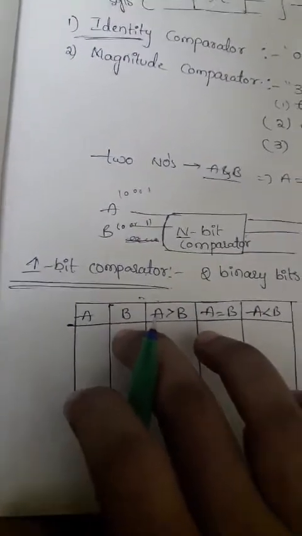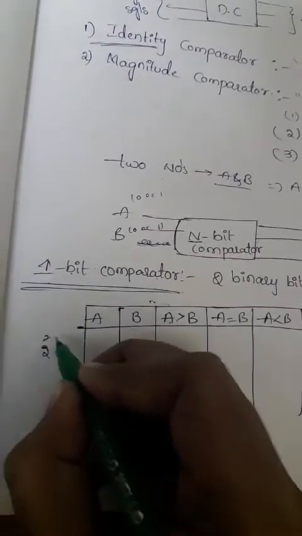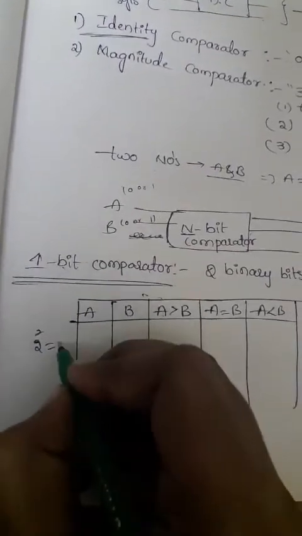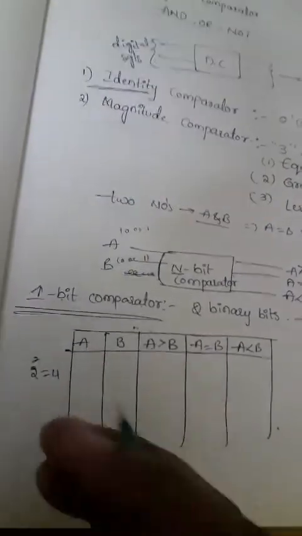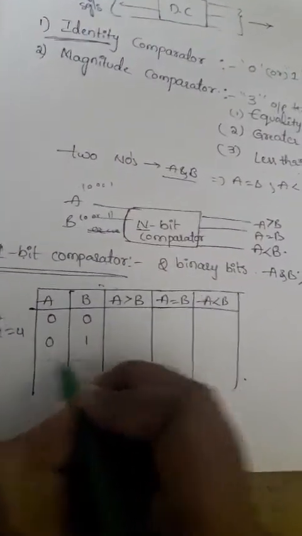If you have two inputs, how many possibilities do we get for the input combinations? Using the 2 power n formula we get 4 possibilities, that is 00, 01, 10, 11.